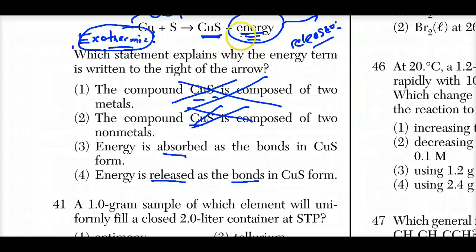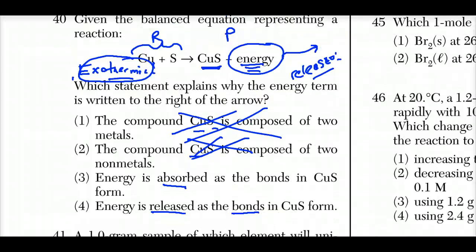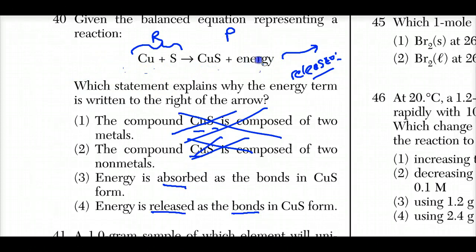Energy on the product side means things are being released. Just like if you were to look at a redox reaction and put electrons in your half reaction on the product side, electrons are released. So if you were to write the half reaction to this problem, I know it's not part of the problem, but think with me, for 0 to +2. Copper, sulfur is -2.